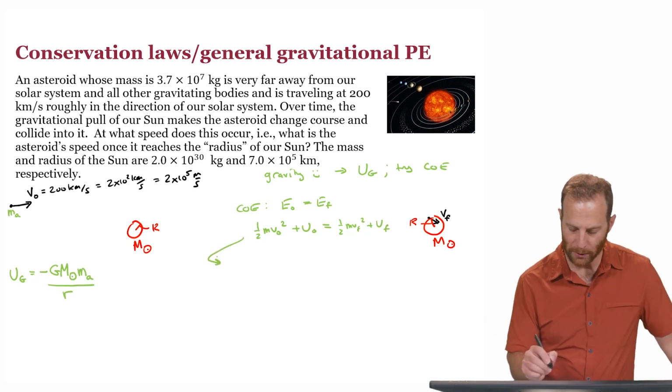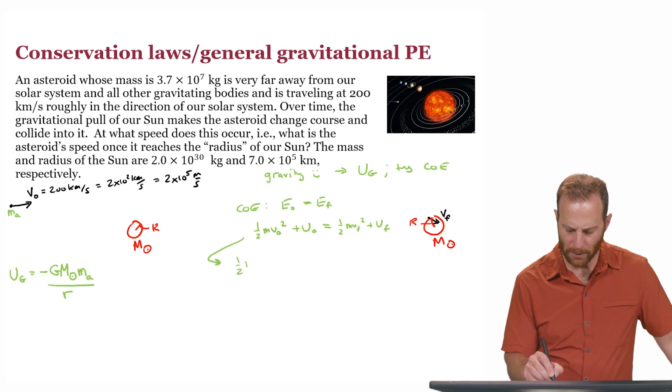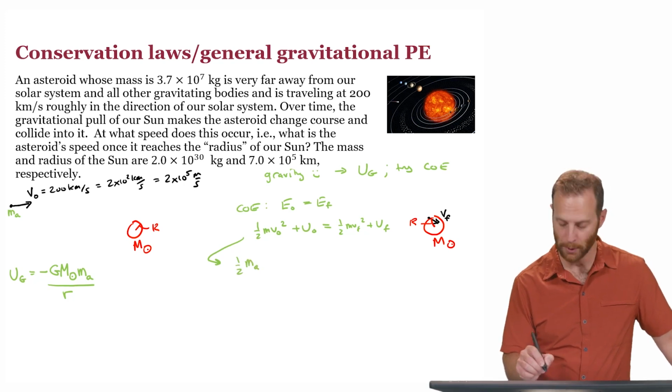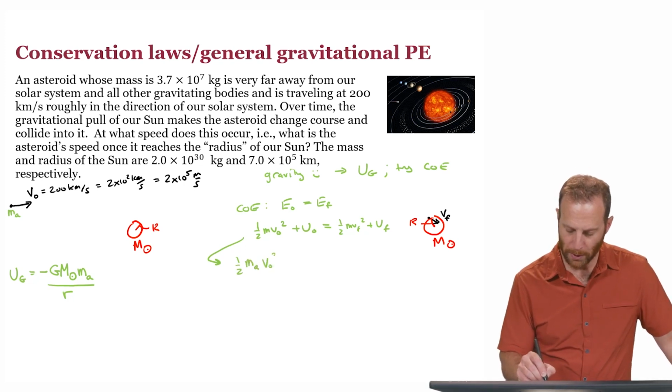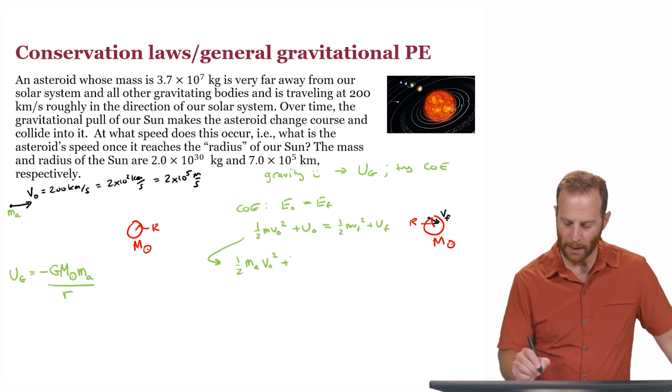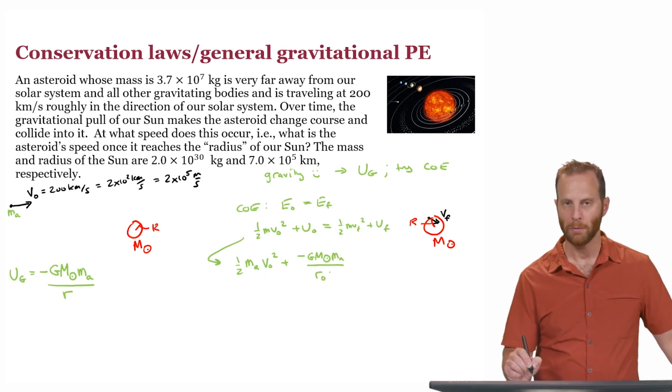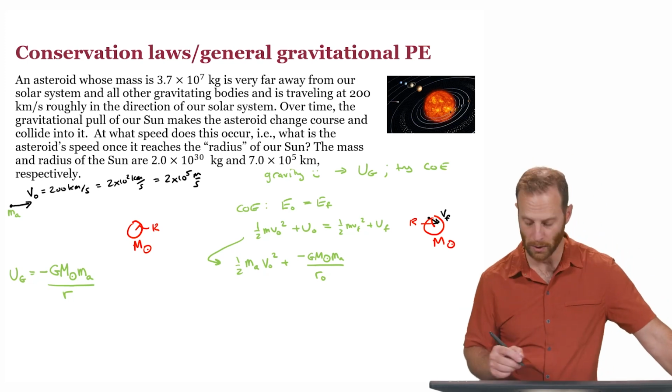So let's stick this in here. 1/2 times the mass of the asteroid, its initial speed squared. And then add to that the potential energy, which is minus G mass of sun, mass of asteroid, divided by its initial distance from the sun.